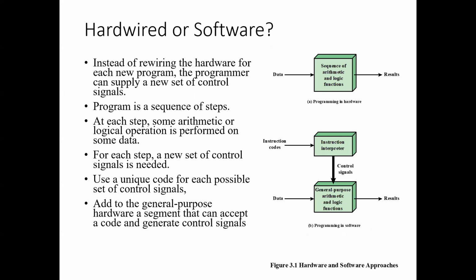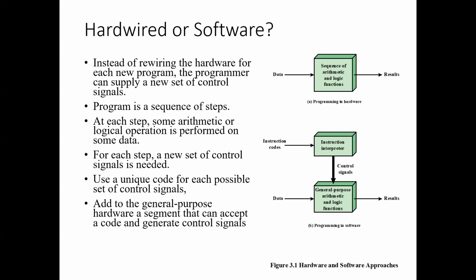We talked about Colossus and ENIAC in the previous slide. So instead of rewiring the hardware for each new program, the programmer can supply a new set of control signals. That is, the program is a sequence of steps, and in each step we do some arithmetic or logical operation on the data. For each step, a new set of control signals is needed, and each one will use a unique code for each possible set of control signals.